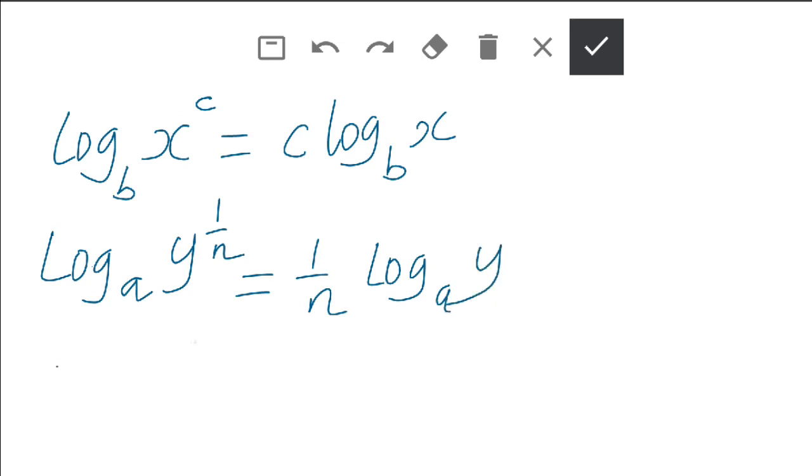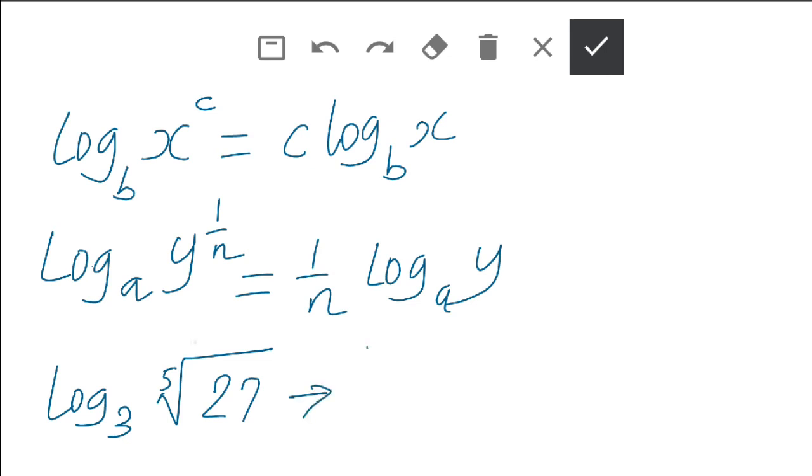For example, when you write log to base 3 of the fifth root of 27, what this means, this is the same as log to base 3 of 27 raised to power 1 over 5.